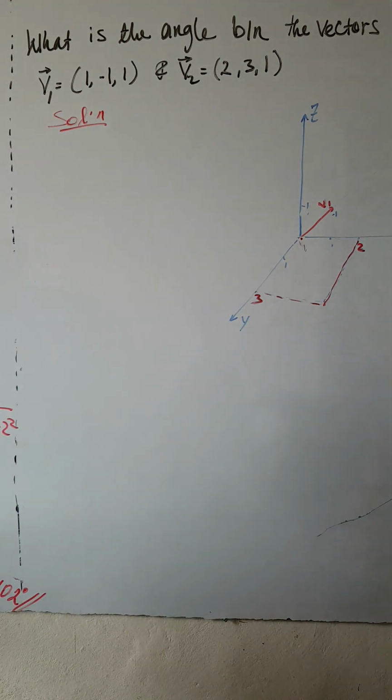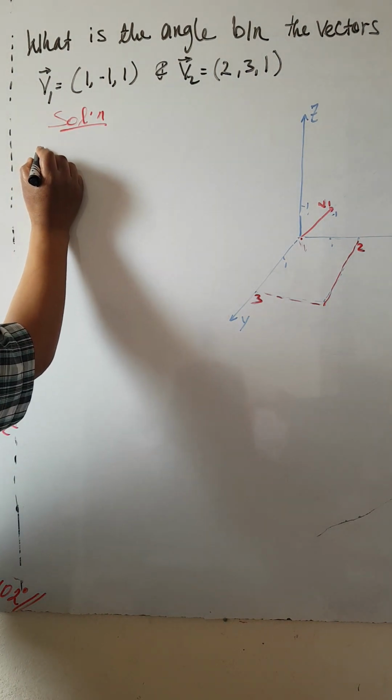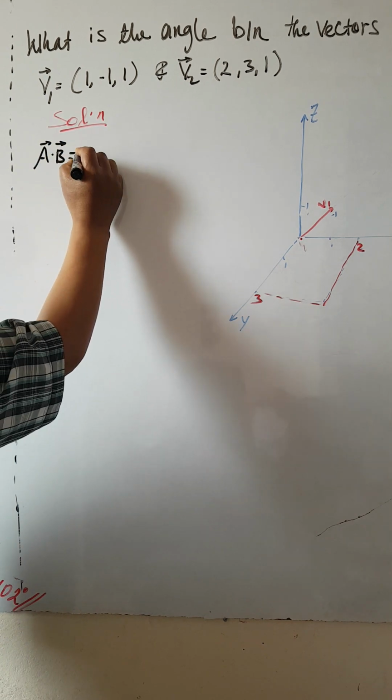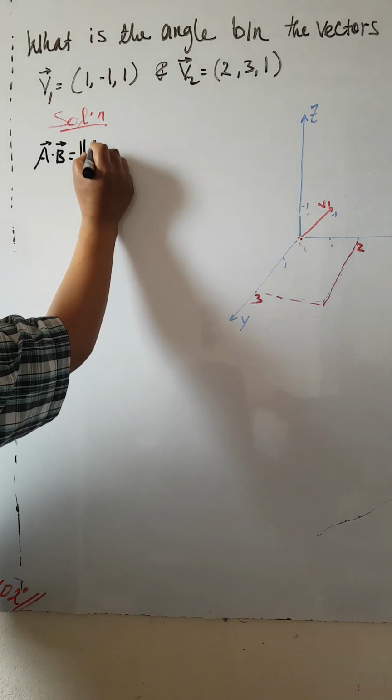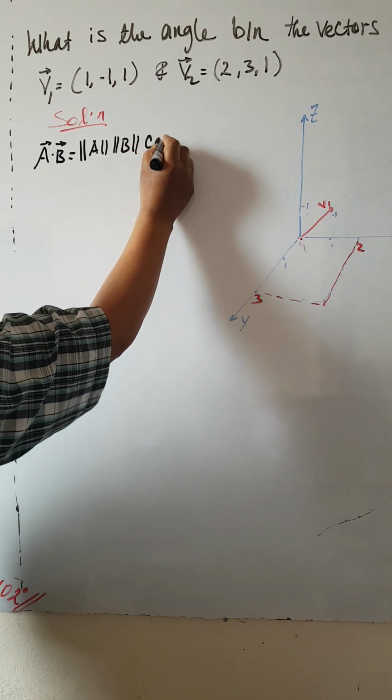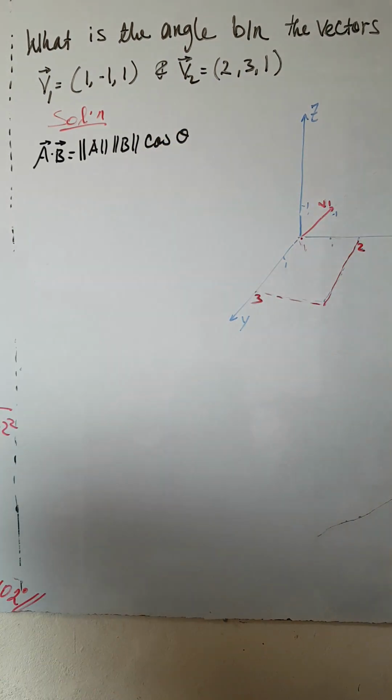Whenever we start, to help us remember: a dot b, vector a times vector b, is equal to the magnitude of a, or norm of a, times norm of b, then cosine of theta, the angle between the two.